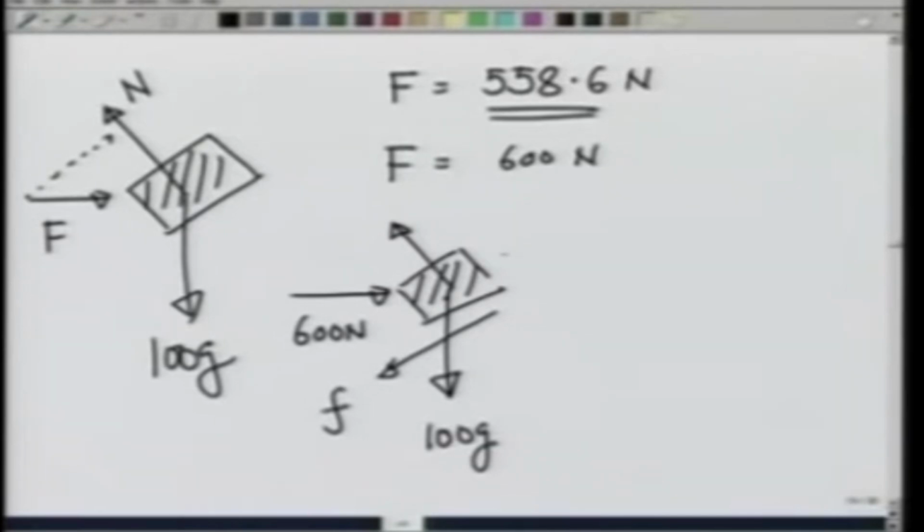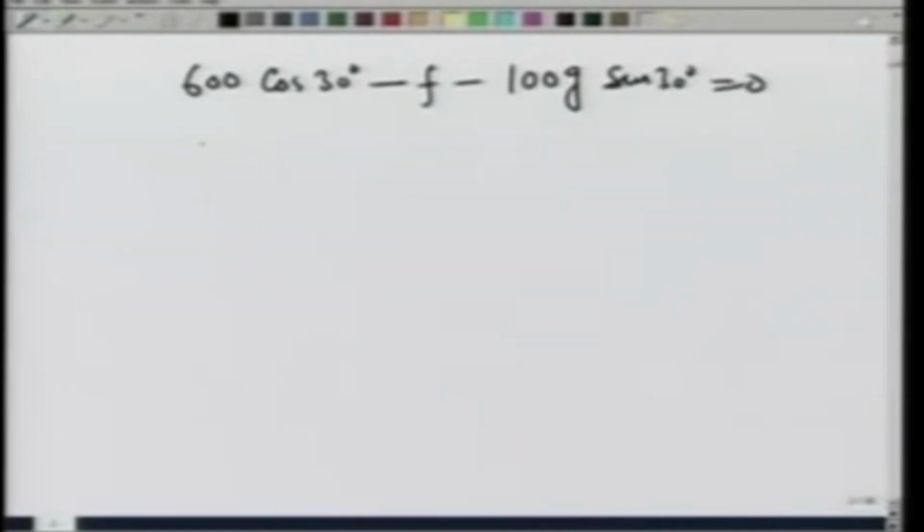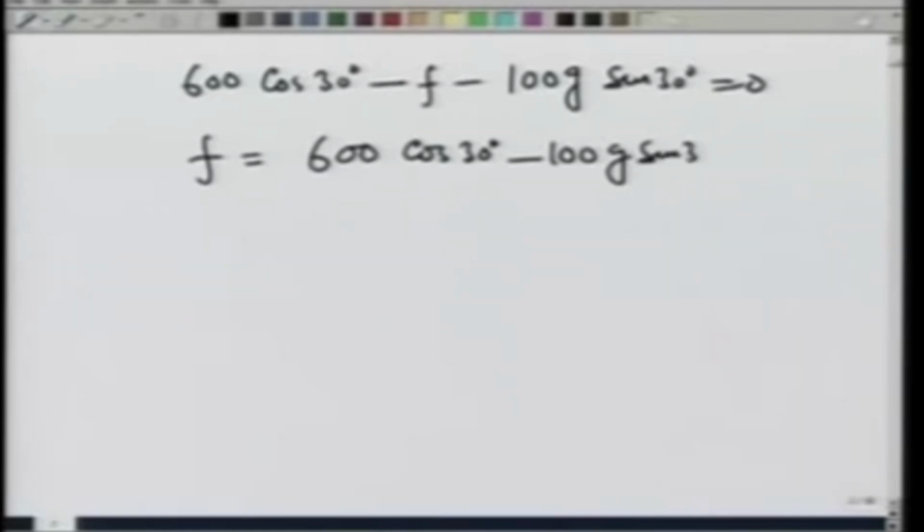And therefore, again taking the x axis in this direction and y axis in this direction, if we now look at the equation of equilibrium, it looks like 600 cosine of 30 degrees minus f minus 100 g sine of 30 degrees equal to 0, or f equals 600 cosine of 30 degrees minus 100 g sine of 30 degrees.